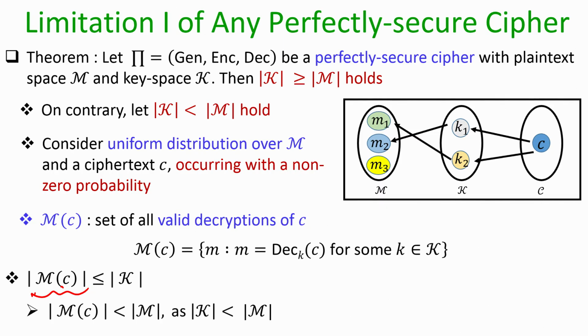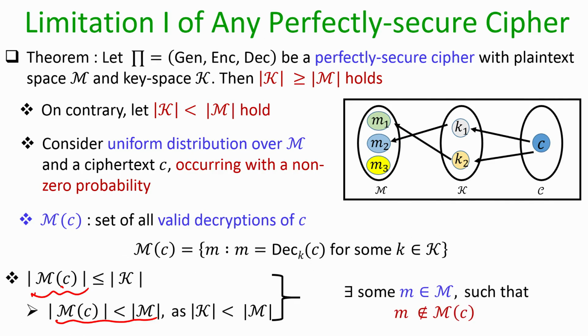And since, as per my assumption, the key space cardinality is less than the message space cardinality, the cardinality of M of C is strictly less than the cardinality of the message space.